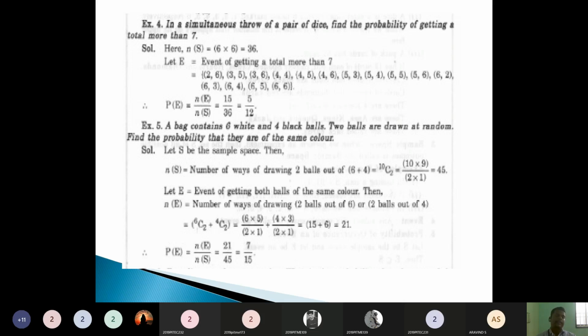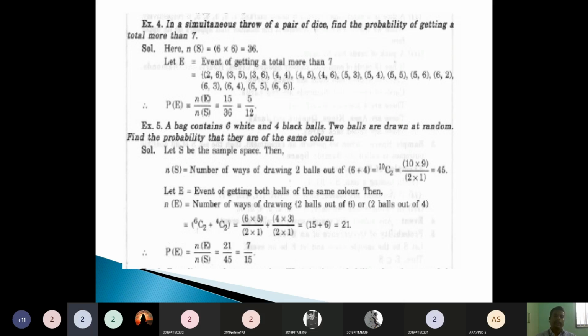So if you get an event like that, you have to add up the events. How many different ways can you pick two black balls? We have four black balls, and in that we have to pick two. So 4C2 ways we can pick two black balls. Simplifying the calculation: 6 into 5 divided by 2 into 1, plus 4C2 value, 4 into 3 divided by 2 into 1.